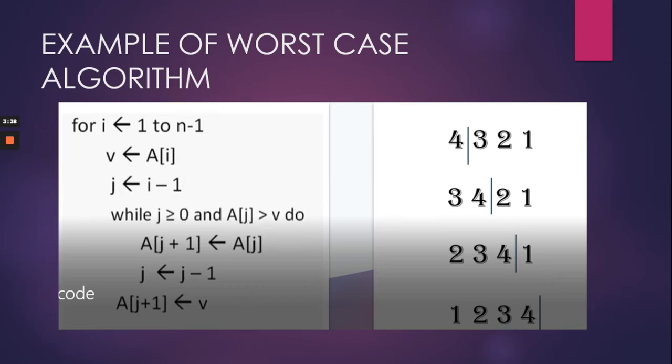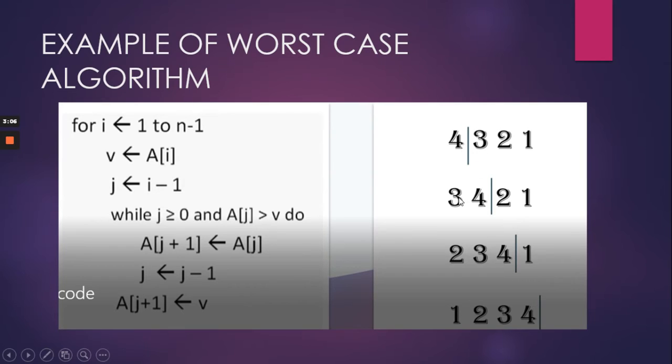An example of the worst case algorithm: here we can see there are two loops, for i to n minus 1, and the inner loop is while j greater than or equal to 0 and a[j] greater than v, do. For the input, I insert an array of 4 3 2 1.